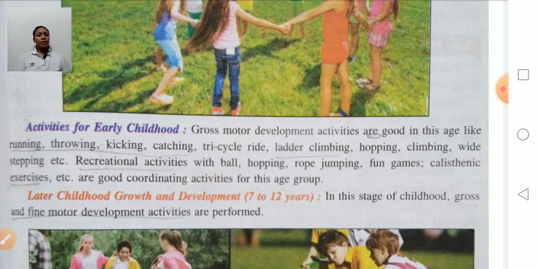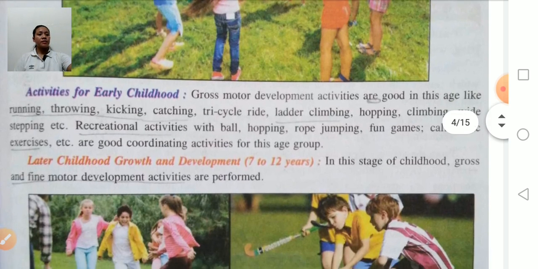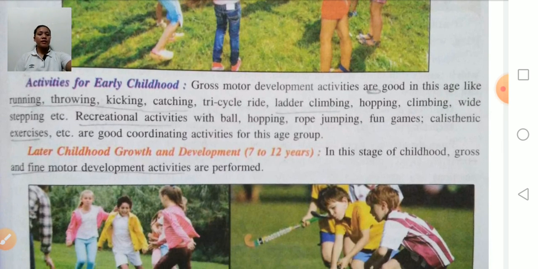Their gross motor development is good in this age. Therefore, they should participate in activities like running, throwing, kicking, catching, tricycle riding, ladder climbing, hooping, etc. And recreational activities with the ball, hooping rope, jumping, fun games, etc. These are good coordination activities for this age group.